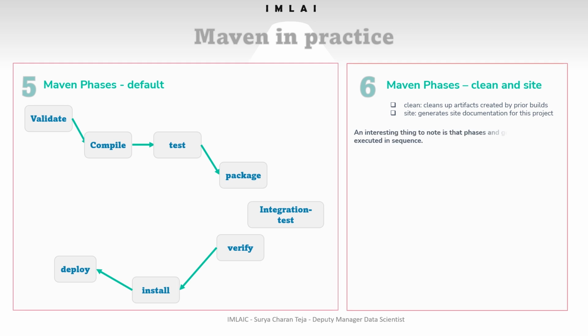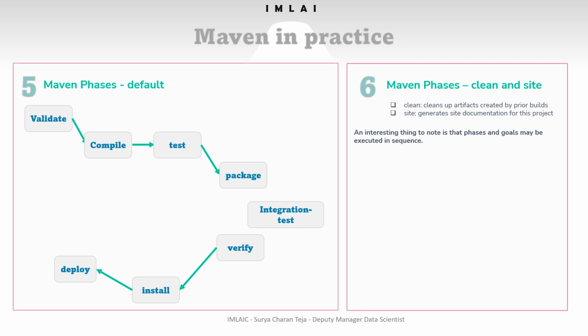Phases are actually mapped to underlying goals. The specific goals executed per phase depend upon the packaging type of the project. For example, package executes jar:jar if the project type is jar, and war:war if the project type is war.